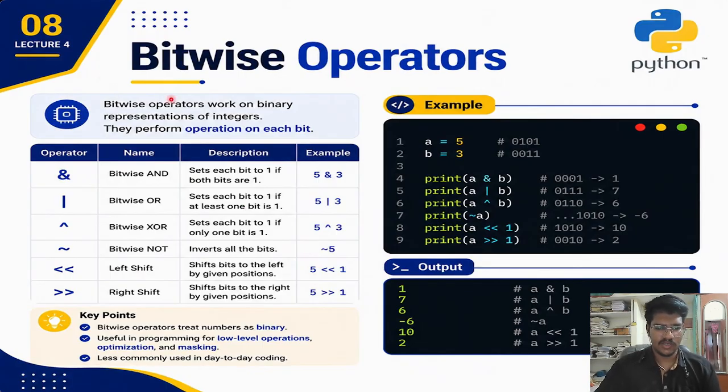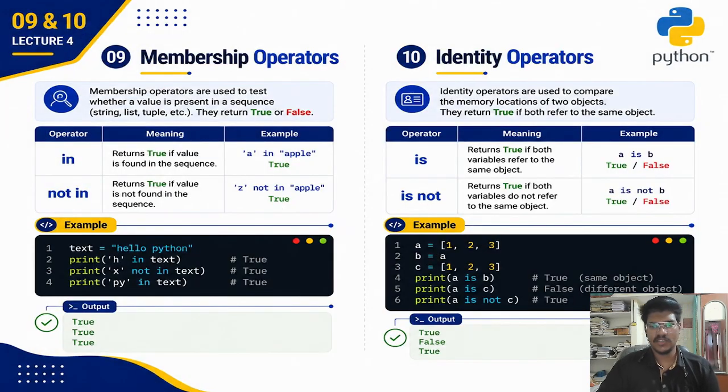Now let's move to the next topic, which is membership operators and identity operators. These are two categories of operators that are essential for working with data structures.